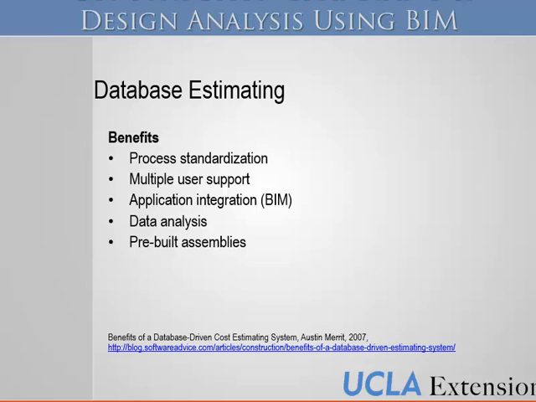And with the database, and we'll show you this, there are set up assemblies, which means by putting in one quantity from your takeoff, for instance a drywall partition, say I have 50 lineal feet of this metal stud drywall partition, it can automatically pull in that I know that means this many studs, this many pieces of drywall, this much tape, this much plaster, this much paint, all just by putting in that one quantity.